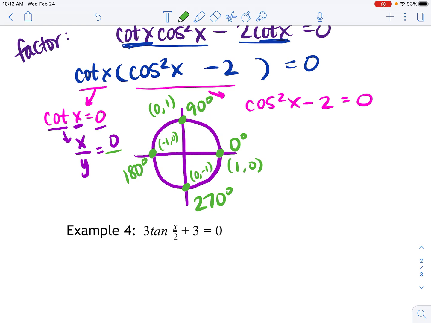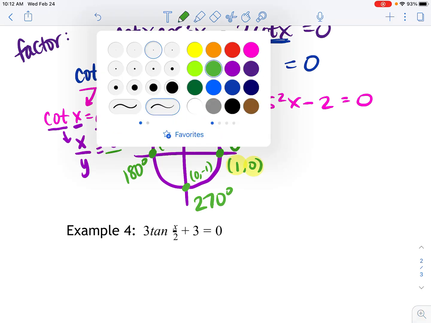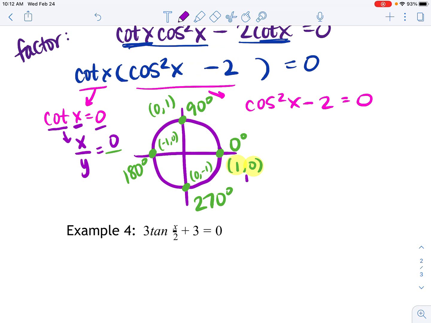Now I'm just going to guess and check. I take my x coordinate divided by my y coordinate and see if it equals 0. At 0 degrees, my x coordinate is 1 and my y coordinate is 0. So 1 divided by 0 is undefined, so 0 is not an answer. Then 90 degrees: x divided by y, 0 divided by 1 is 0. So 90 degrees is a solution.